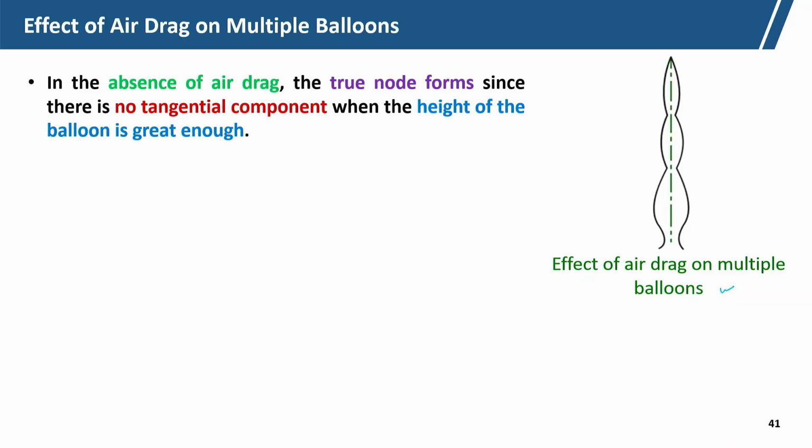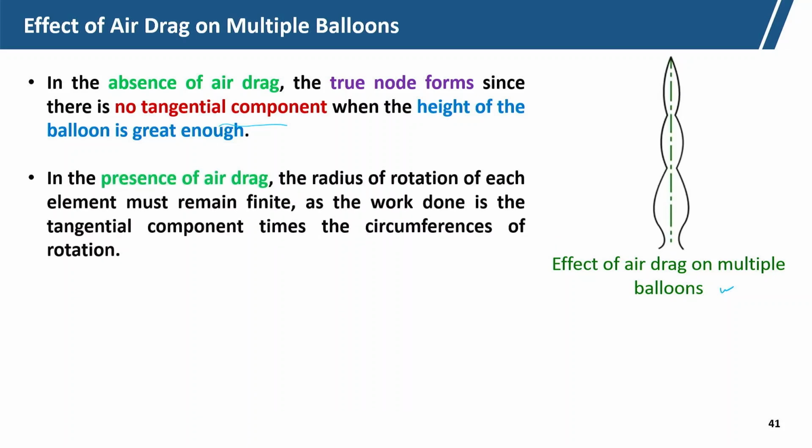So, in the absence of air drag, a true node forms, since there is no tangential component when the height of the balloon is great enough. But when the height of the balloon is greater, in the presence of air drag, the radius of rotation of each element must remain finite, as the work done is the tangential component times the circumference of the rotation.